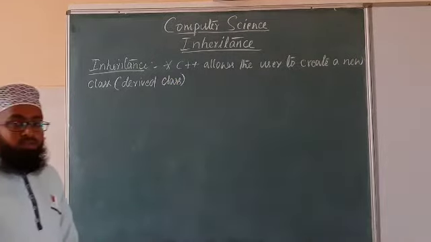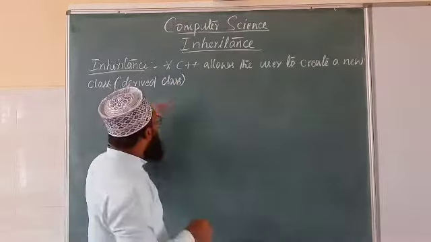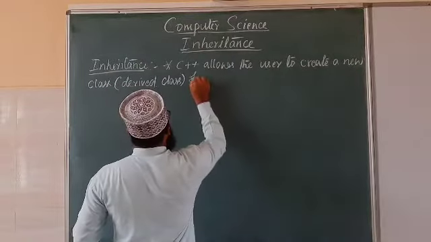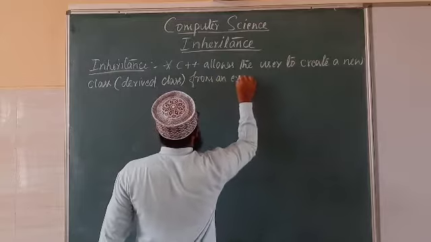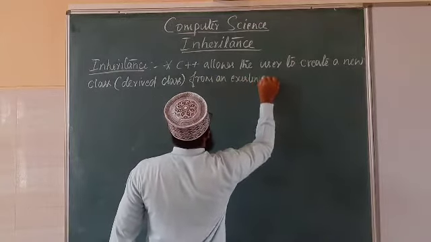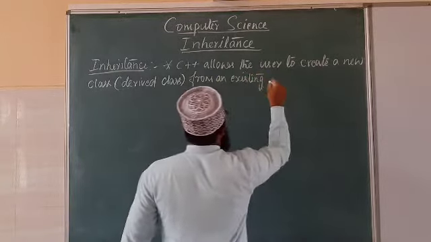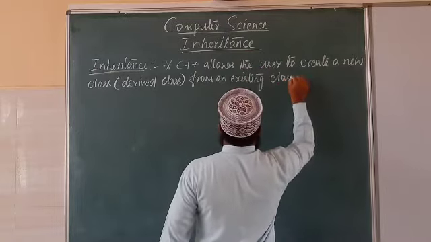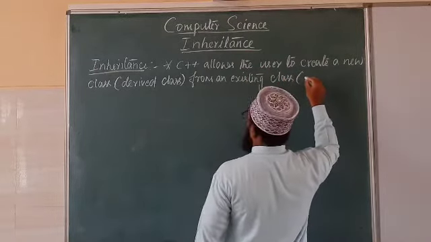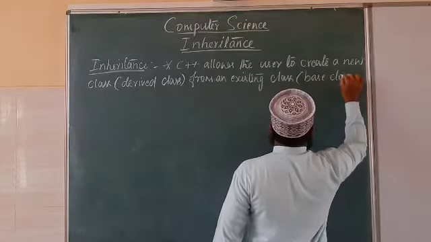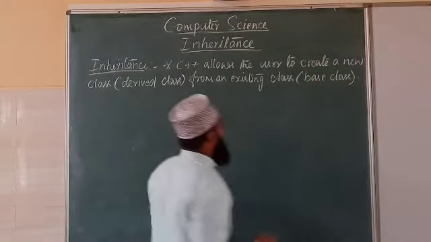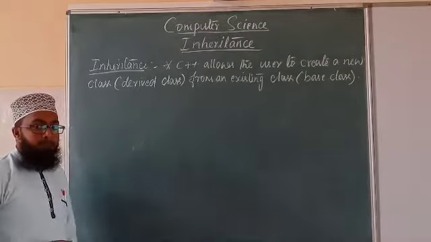A new class which is created is called as derived class from an existing class. And this existing class can be called as base class. An existing class can be called as base class.